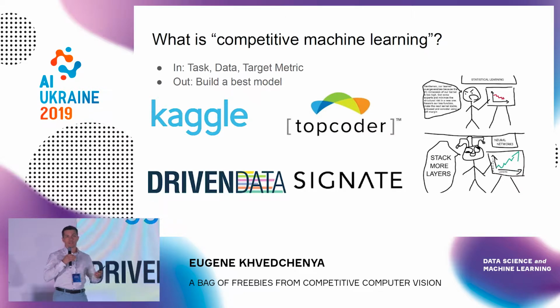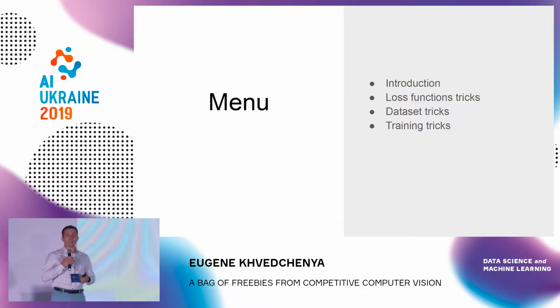That's why stacking more layers does not work anymore, and one should find a more sophisticated way to increase their score. Therefore, we will talk about a few tricks grouped into loss function tricks, tricks related to datasets, and tricks related to the training of your model.